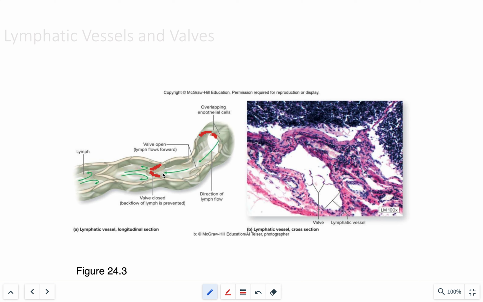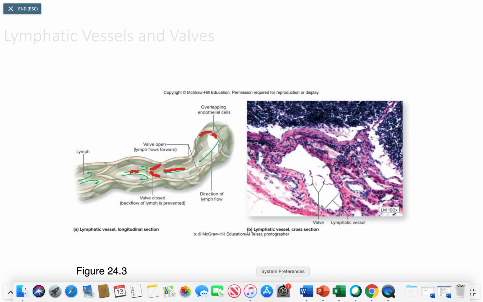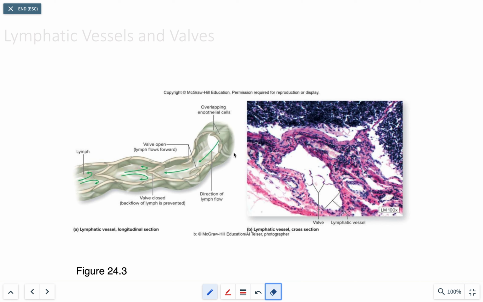So very similar to the venous system when we're looking at that. So every time you contract a muscle, the lymph will flow in a one-directional format and will not be permitted to exit out.